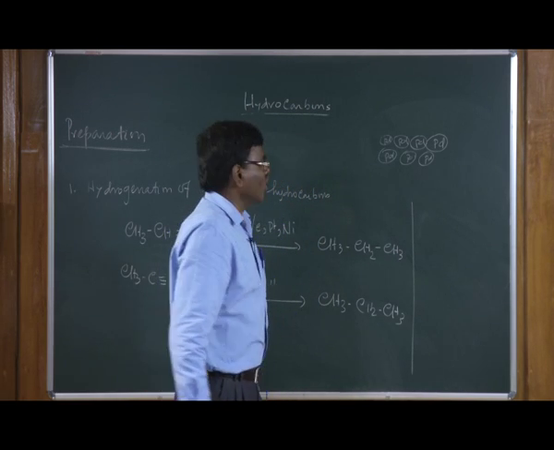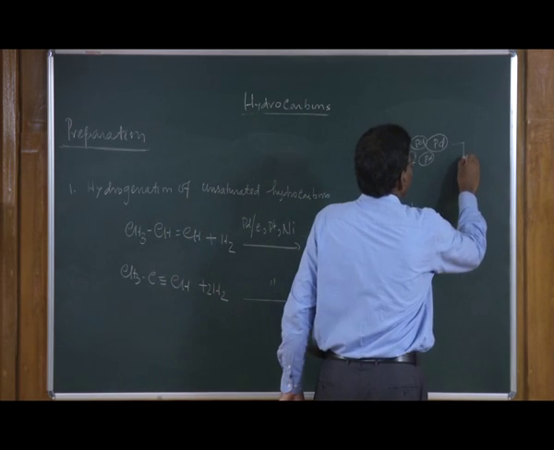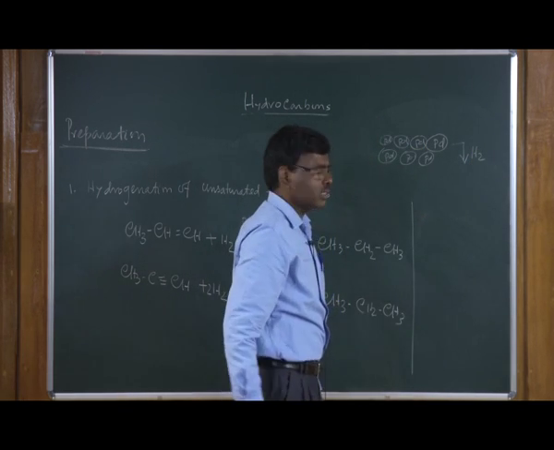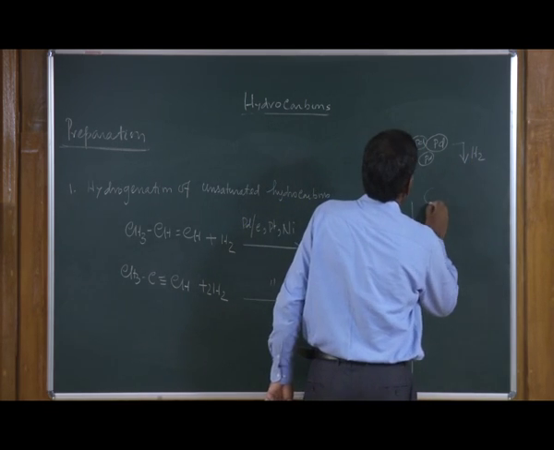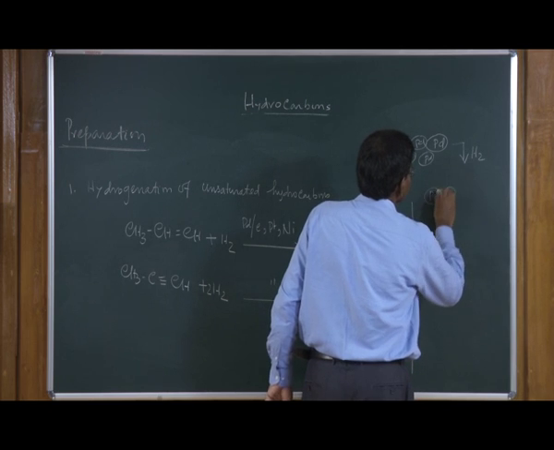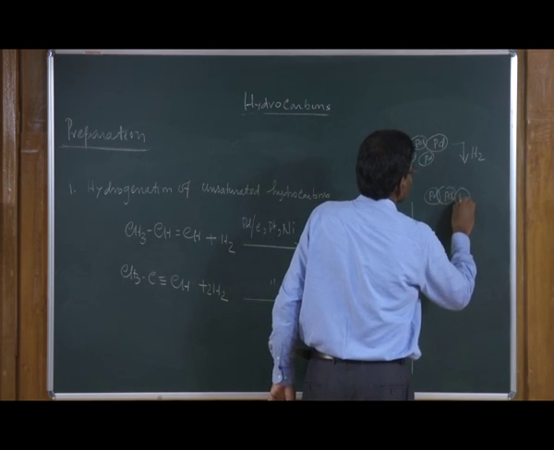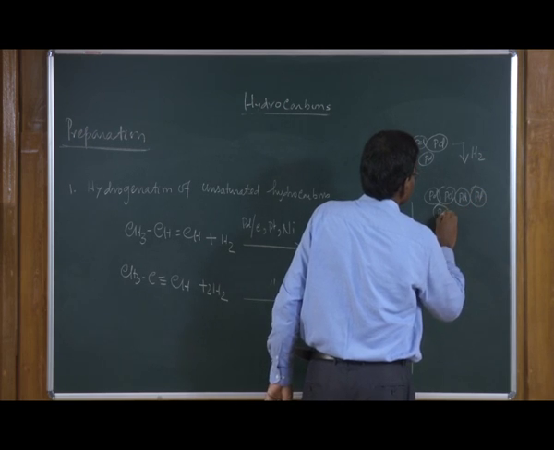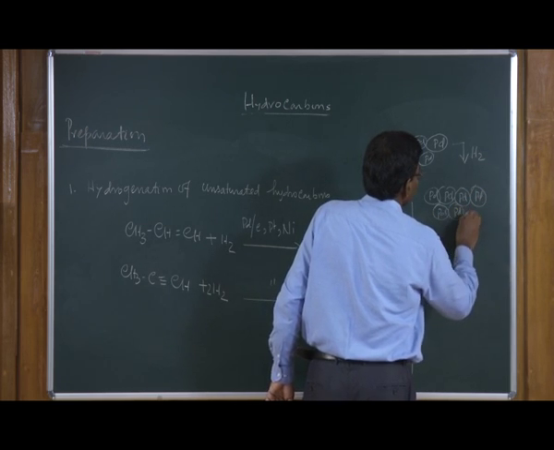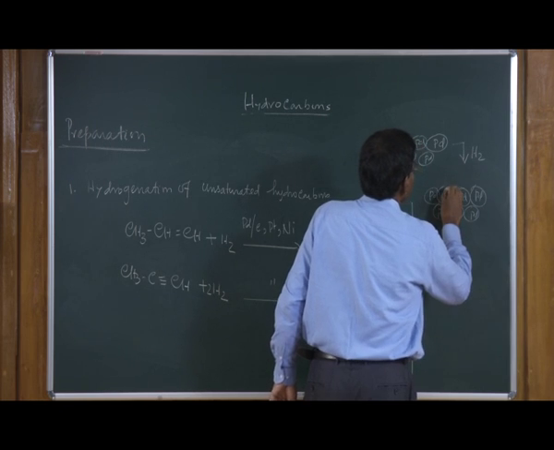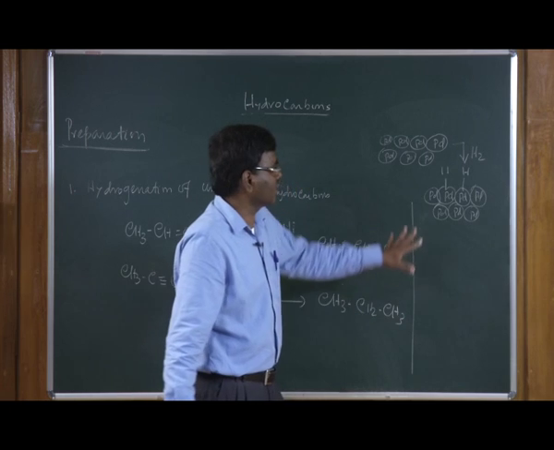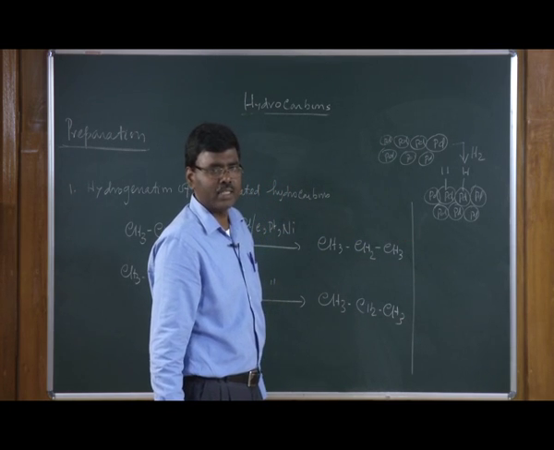When the palladium charcoal is exposed to hydrogen, hydrogen is absorbed on the surface, and you activate the hydrogen, forming this kind of intermediate.